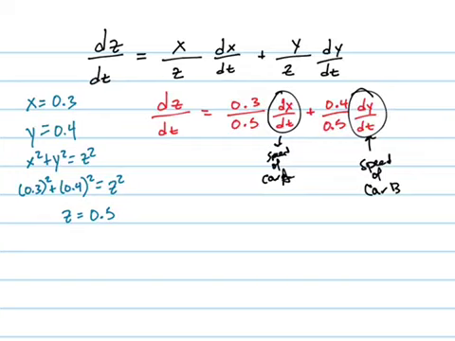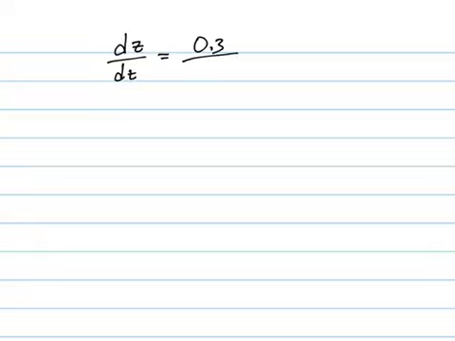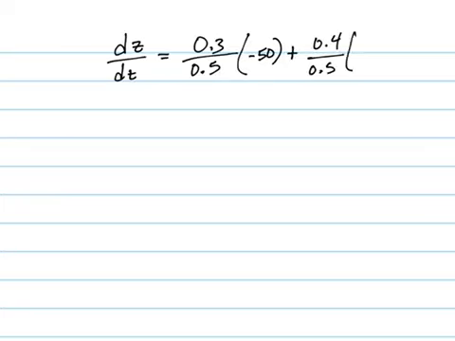So we're going to use the negative values to show that they're getting closer together. So dz/dt is 0.3 over 0.5 times negative 50, and 0.4 over 0.5 times negative 60, as they move closer together.